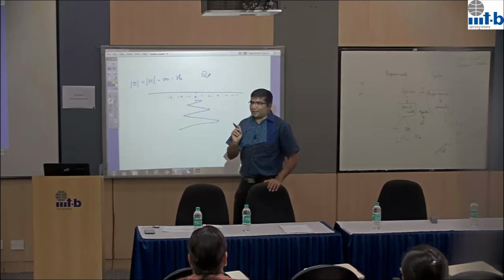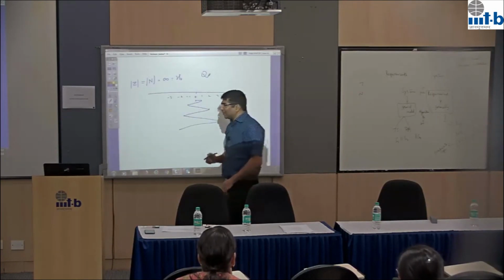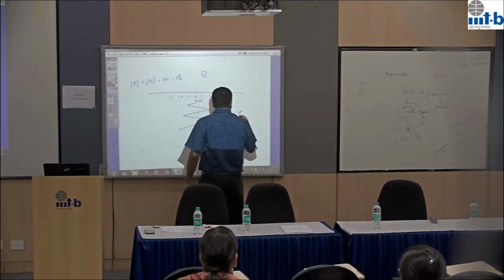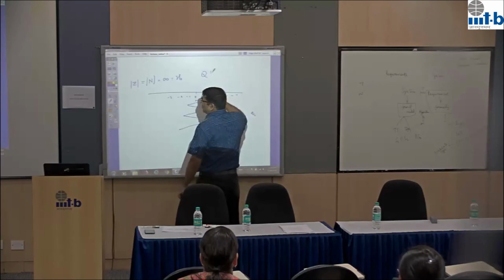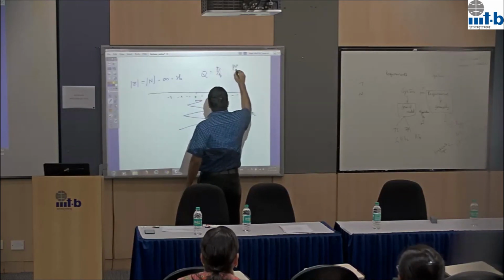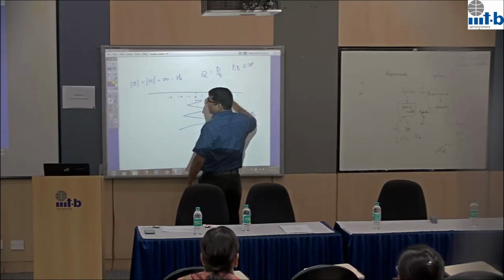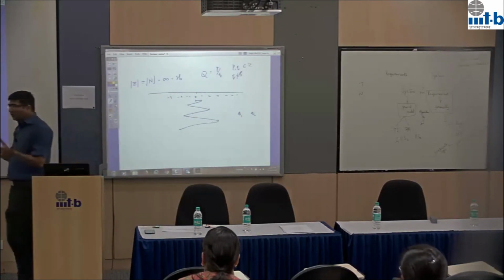And this is a very commonly held misbelief. If you take any two rational numbers, q1 and q2, rational numbers are of the form p by q, where p, q are integers and q is not equal to 0. So it's basically the set of all fractions.